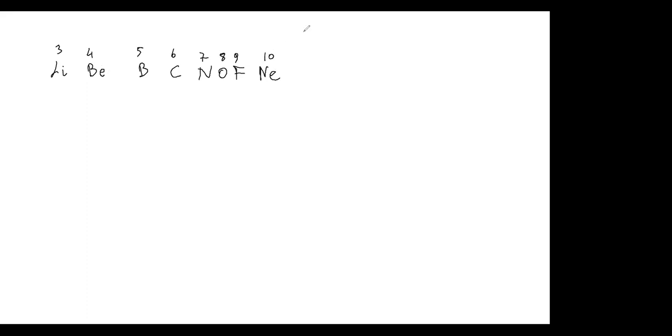So in these elements, the last element, which is neon, is unreactive. It is unreactive because it has completed the outer shell. So here is metal, metal, non-metal, non-metal, and non-metal also.